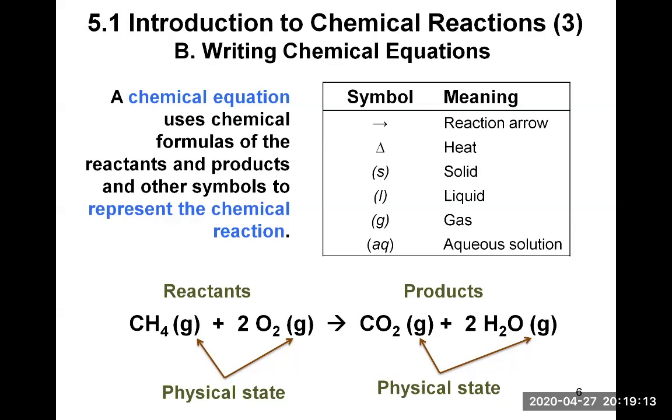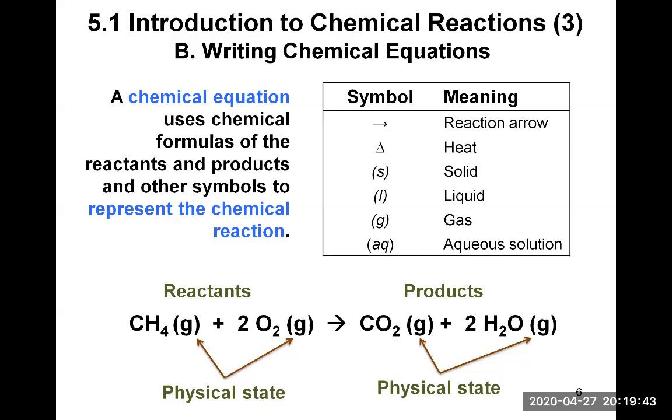Aqueous solutions are solutions made of water. Water is the solvent. That's why it's called aqueous, because aqua means water in Latin. So a solution made of water as the solvent is an aqueous solution. For example, when you have sugar in water, this is an aqueous solution. And it can be a reactant or a product.